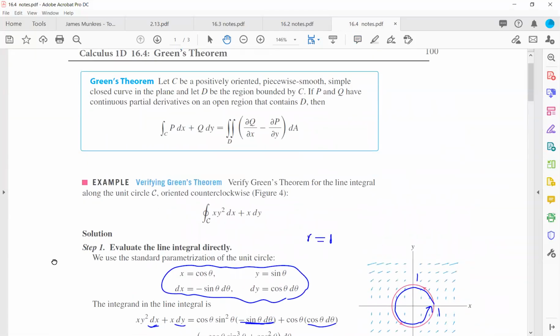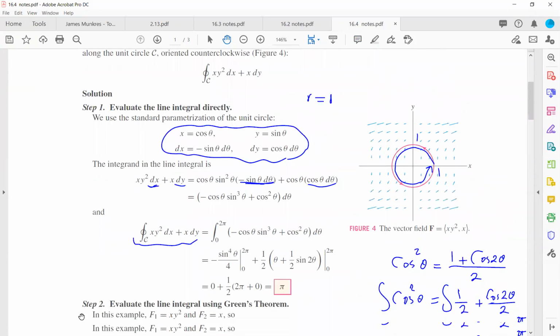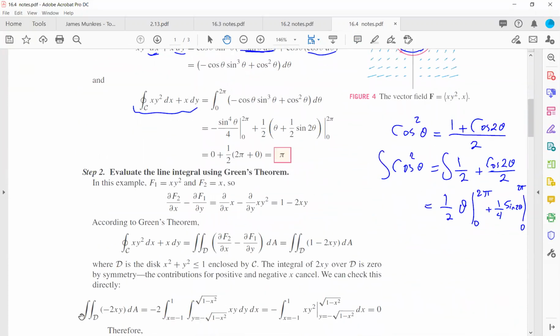The theorem says you can convert your line integral, under specific conditions, into a double integral. Very well. The first component of your function is x y squared. The second component is just x. Let us take the partial derivative of the second component with respect to x minus the partial derivative of the first component with respect to y, which is the partial derivative of x with respect to x, which is 1, minus the partial derivative of x y squared with respect to y, which is 2xy.